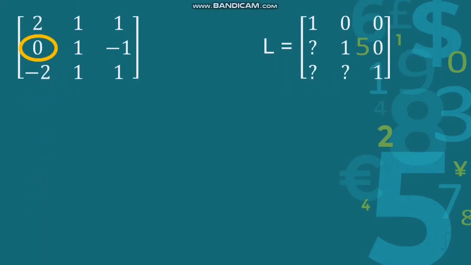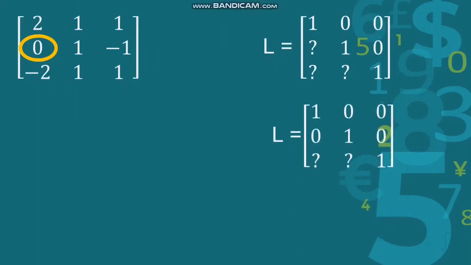As we can see, in row 2, column 1, the value is 0. So the value in our lower triangular matrix is also 0.